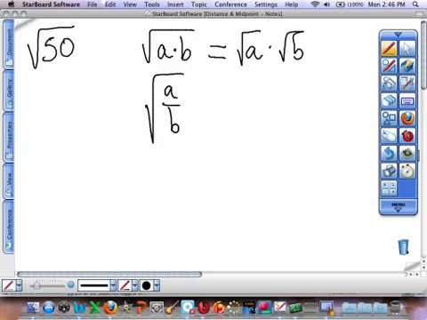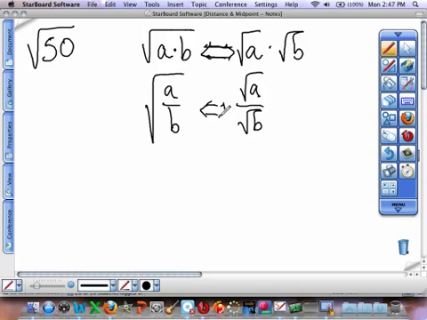If I want to take the square root of a fraction, you take the square root of the top and the square root of the bottom. And the key part here is that these are two-way streets. I can go in one way or the other. I can take it apart, I can put it back together.